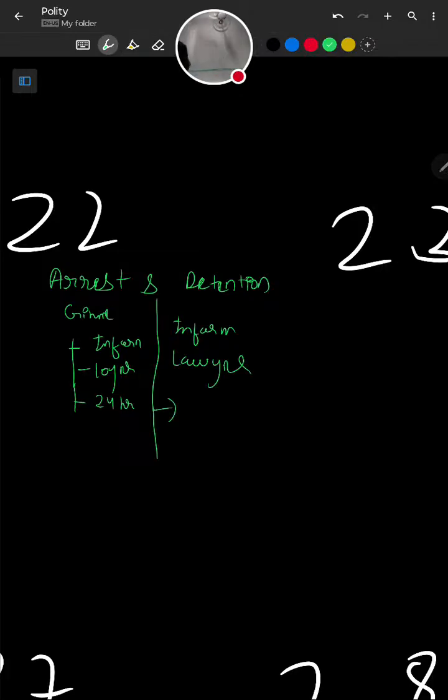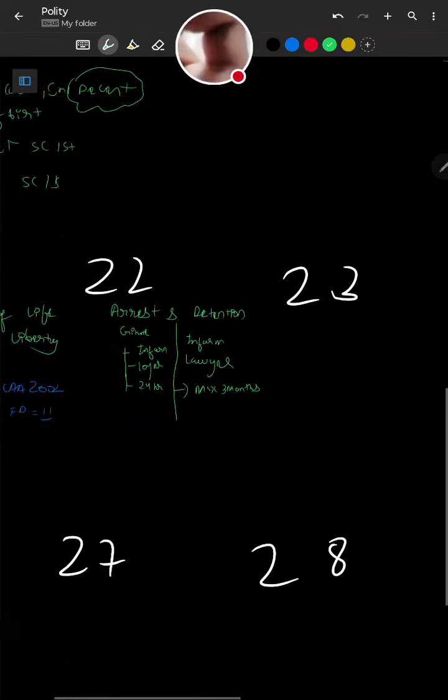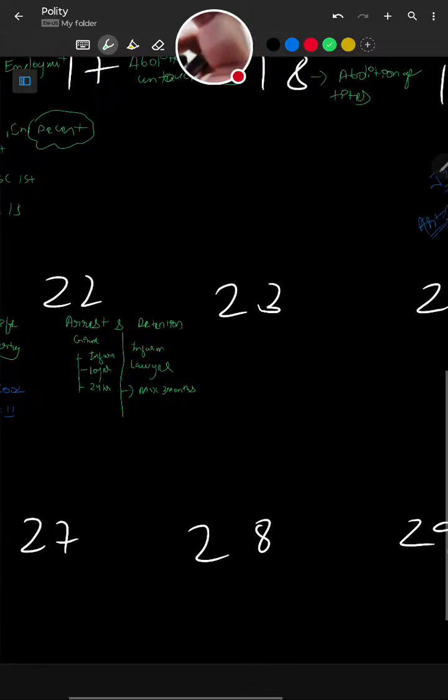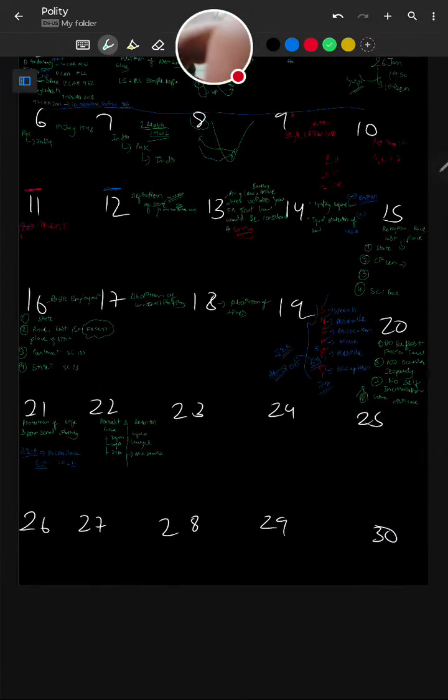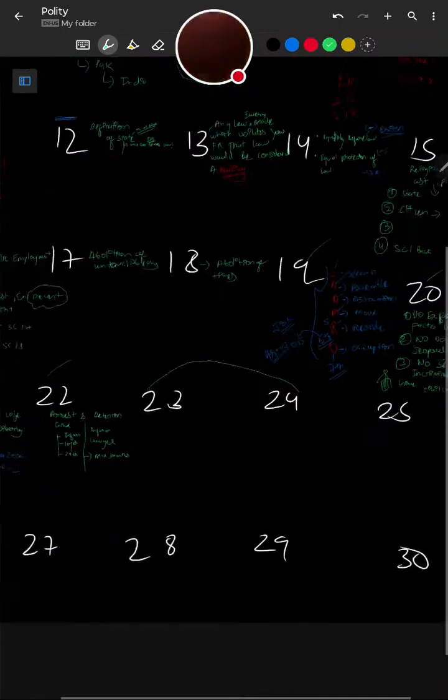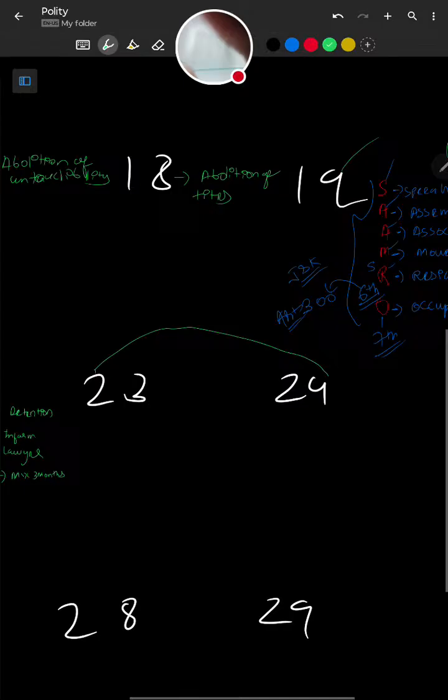Then they can detain you for a maximum of 3 months, because they don't know if you have done it, so they would go into a detailed investigation on you. Now, as I told you, 19 till 22 are the freedom ones, which are four articles: 19, 20, 21, 22. Now 23 and 24 are another subject, which is exploitation, right?